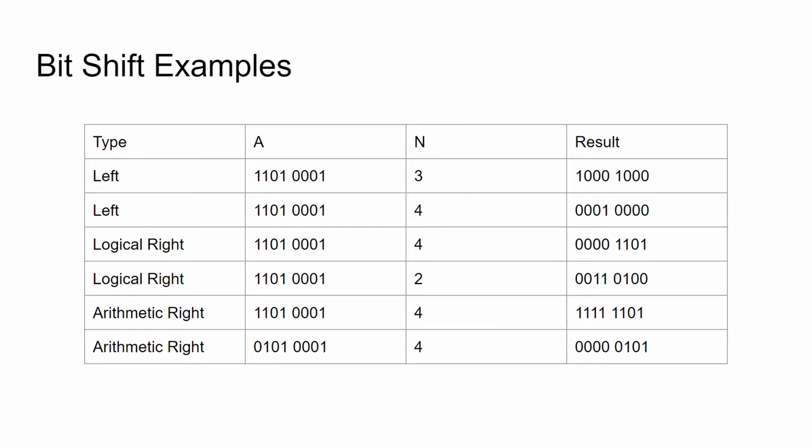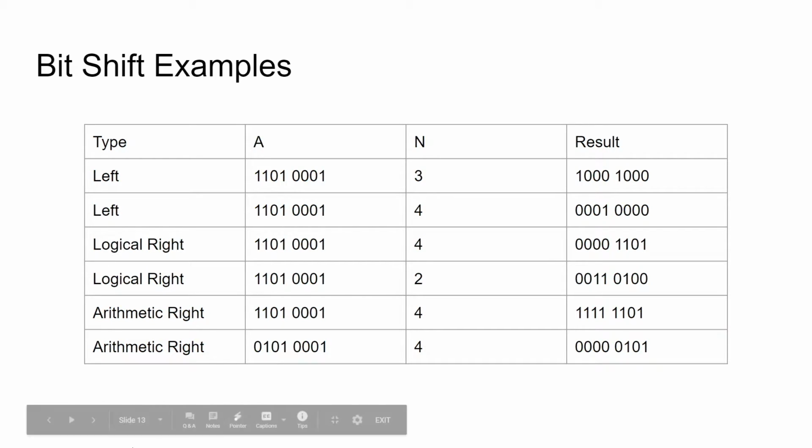So here's some examples. Let's say we want to shift A by 3. Oh no, we're going to the left. So everybody moves to the left by 3, right?